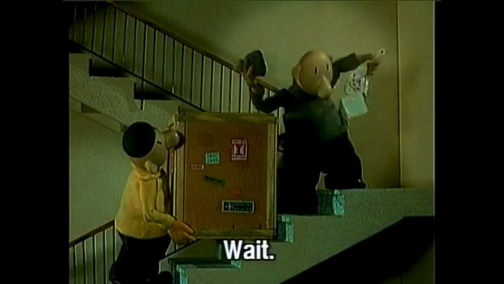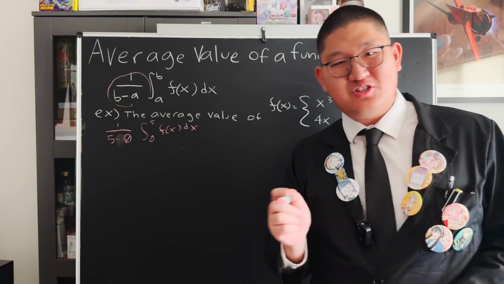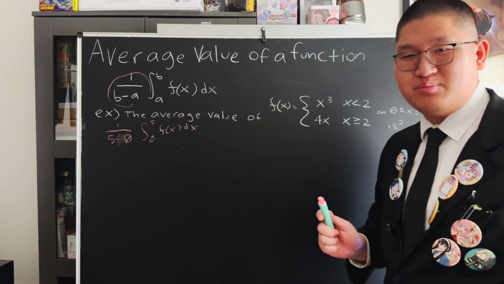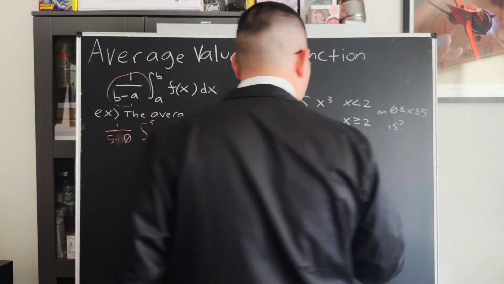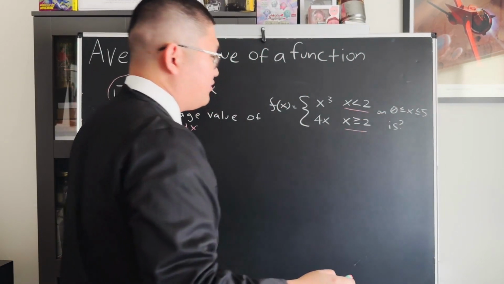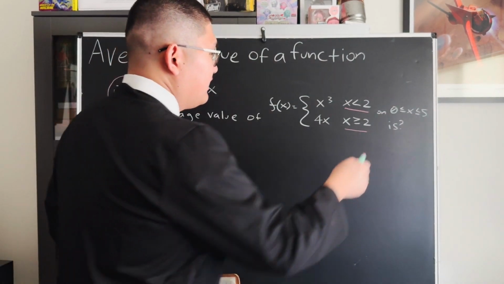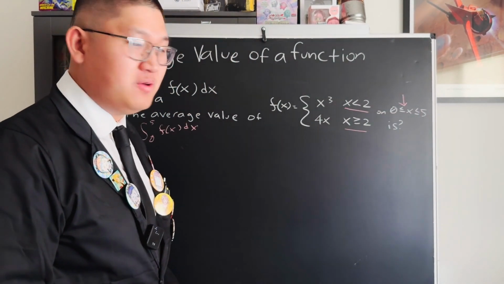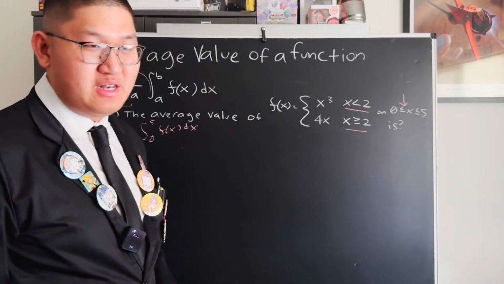But wait, there is a little bit of an issue because this function is not one simple function. The rules are split into two parts, if x was less than 2 or greater than or equal to 2, which, as you can see, is right smack in the middle of the interval for which we are evaluating x.